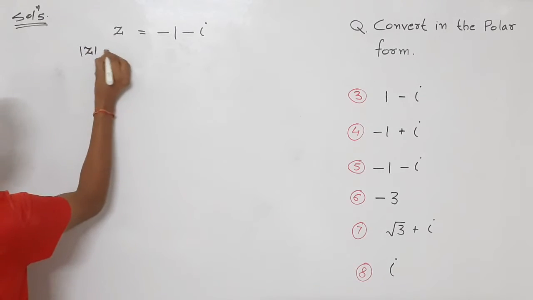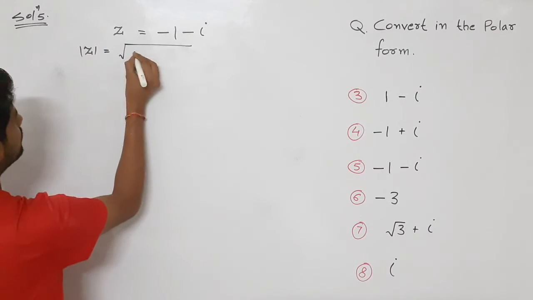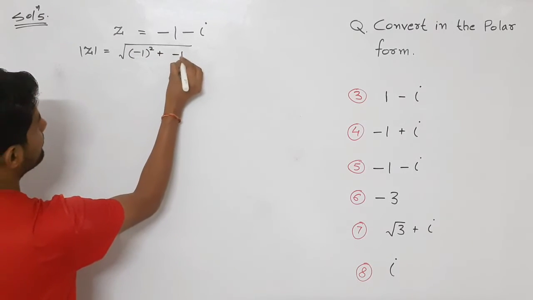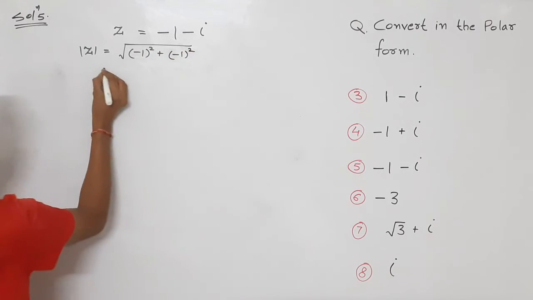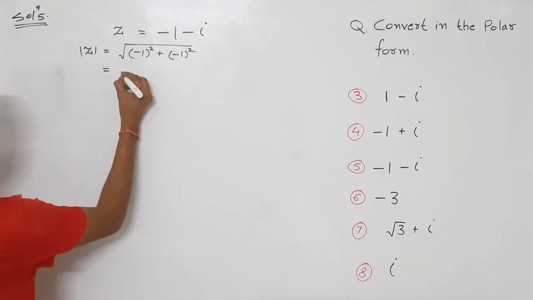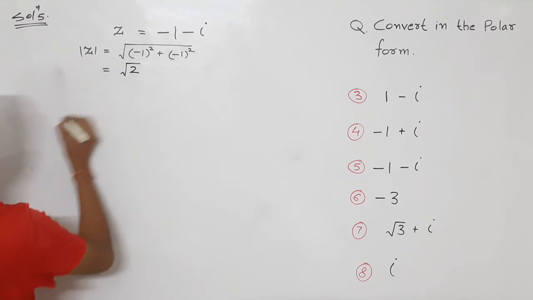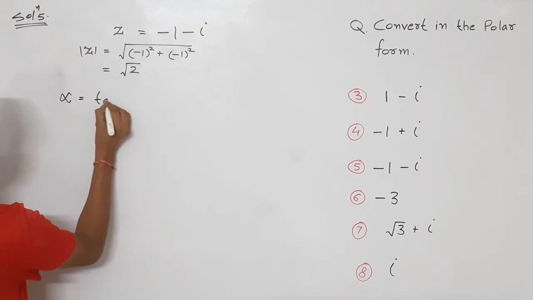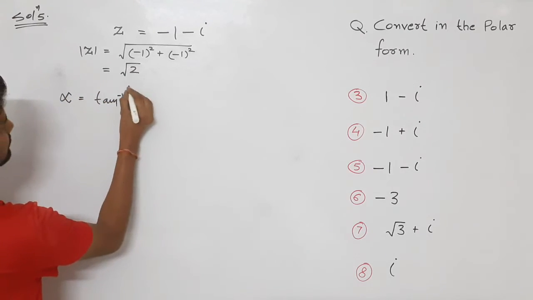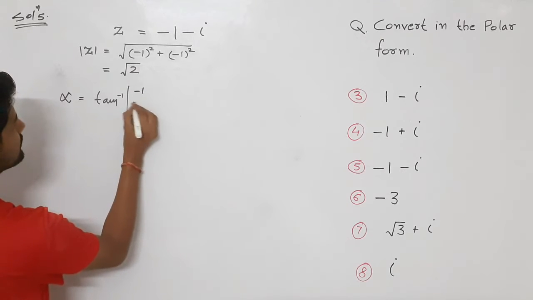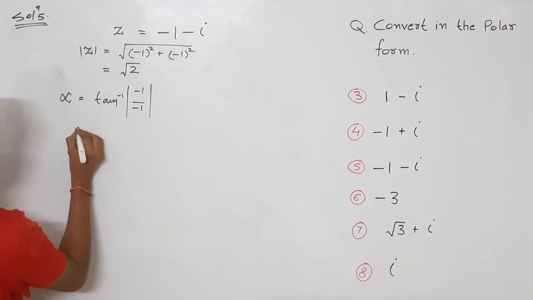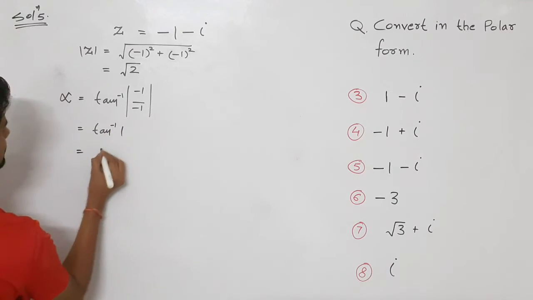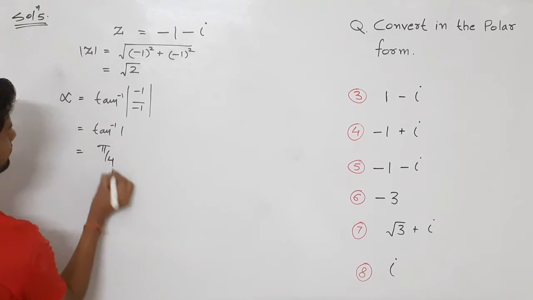And mod of this complex number will be under root -1 square plus -1 square. This is again under root 2. Now this acute angle is tan inverse mod of -1 upon -1, which is again tan inverse 1, which is equal to pi by 4.